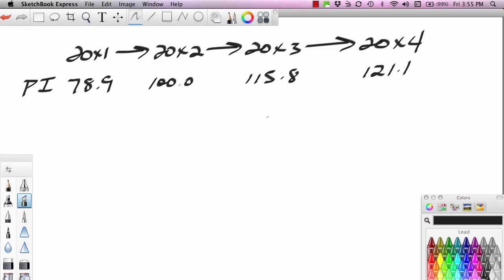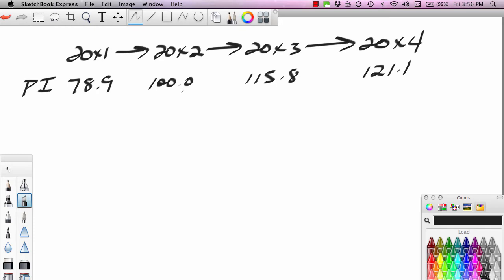121.1. Now, you can see this index data is kind of nice because, again, everything year 1, year 3, and year 4 are all referenced to year 2, and now year 2 is expressed in hundreds. So it's very easy to see how each year compares to the base year. For instance, in 20x4, you can see that prices have gone up about 21% between x2 and x4.